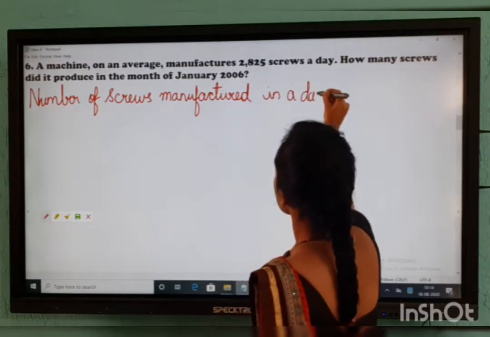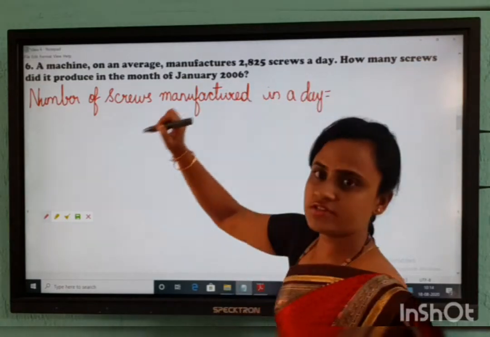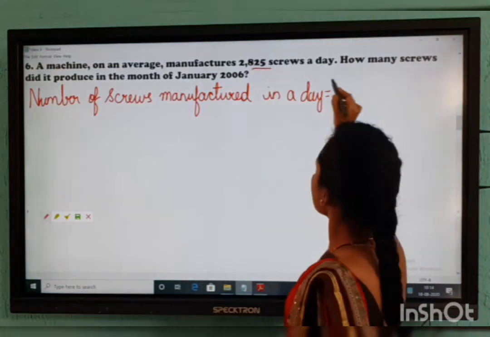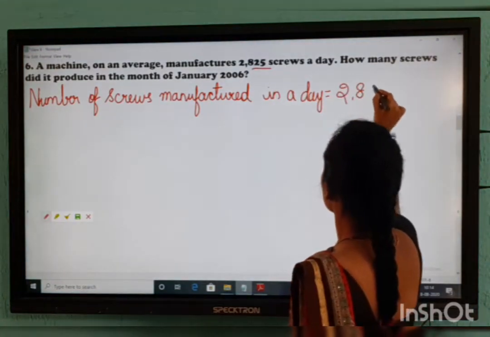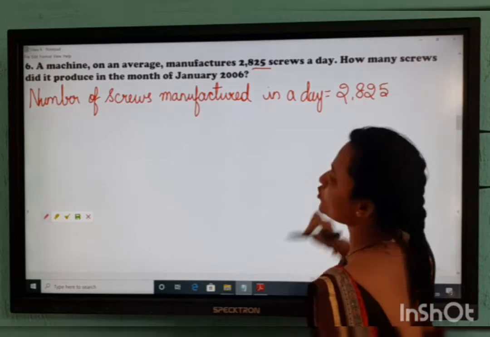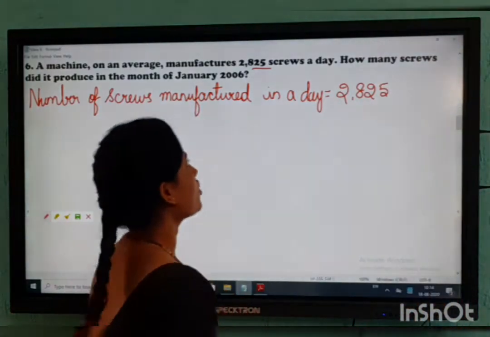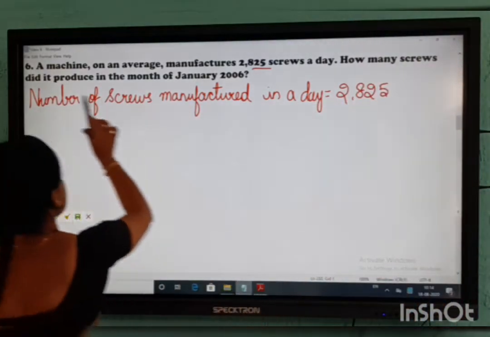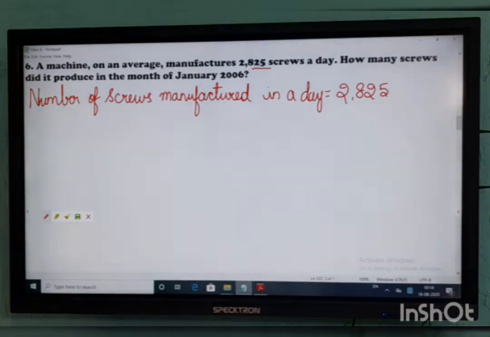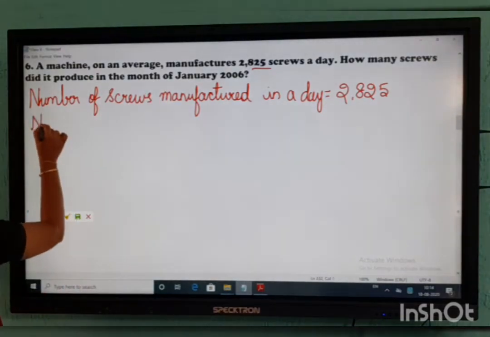So how many screws, children? In one day how many screws are they manufacturing? They are manufacturing 2825 screws. Right. So next is what? How many screws did it produce in the month of January?